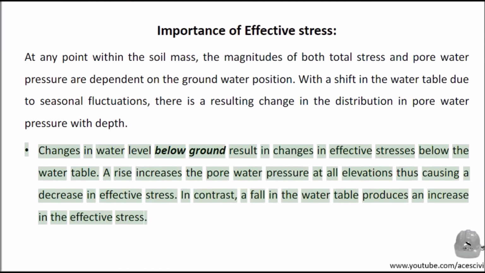Changes in water level below ground result in changes in effective stresses below the water table. A rise increases the pore water pressure at all elevations, thus causing a decrease in effective stress. In contrast, a fall in the water table produces an increase in the effective stress.